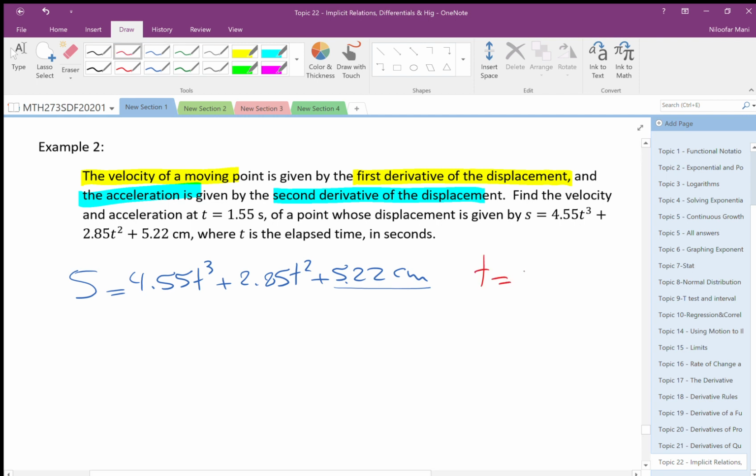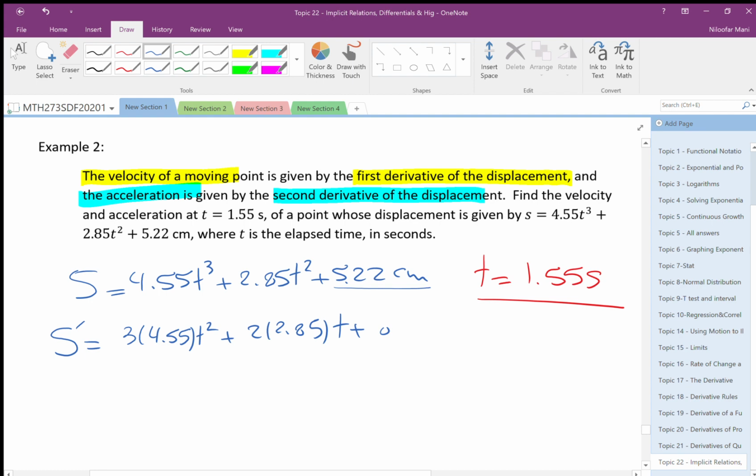So t is 1.55 second, and I want to find velocity and displacement. Sorry, velocity and acceleration. Okay. It's not asking about displacement, is it? So no, just find velocity. And okay, so for velocity I do first derivative. Okay, so 3 times 4.55 t squared plus 2 times 2.85 t plus 0.